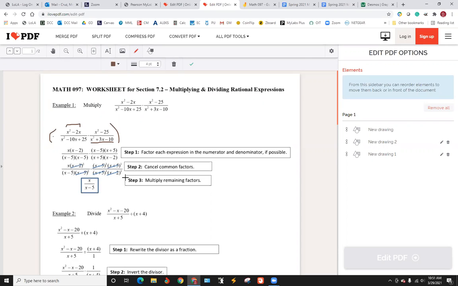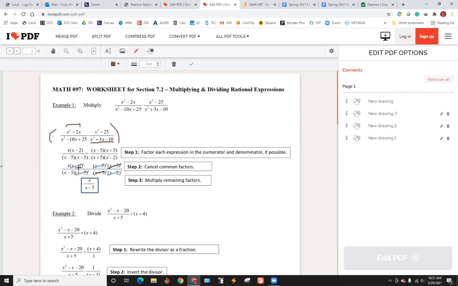Now that everything is factored, we can go ahead and just cross out common factors, and that's what they do here. x plus 5 and x plus 5 go out.